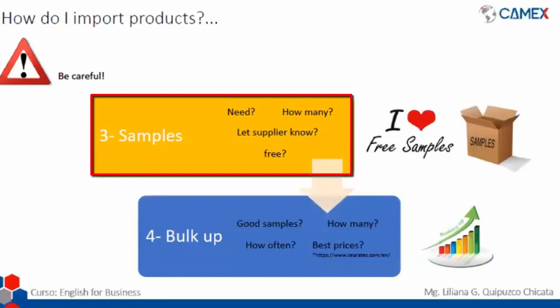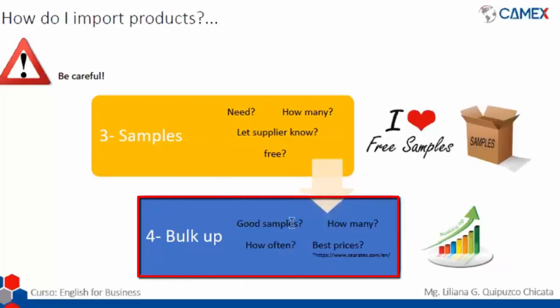Also, let your supplier know that you need samples, so he can let you know if the sample is going to be free, or how much it's going to cost you. After you use the sample and test it out and it was okay, you can bulk up. It means that if the samples were good, you're going to buy now, bulking up all the amount that you want. In this case, how many products am I going to buy?